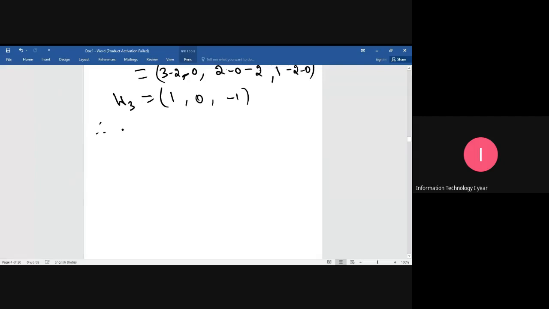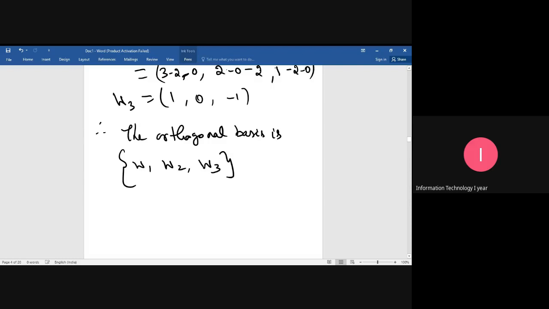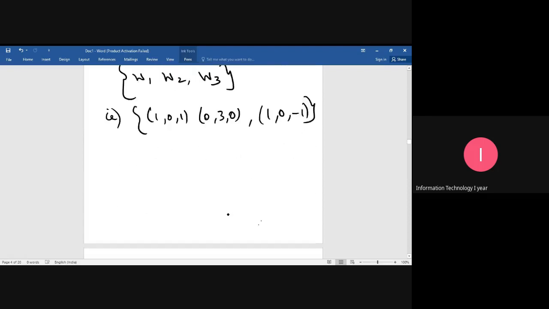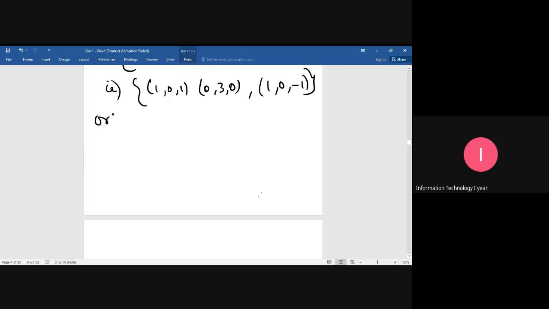So therefore, we write that the orthogonal basis is W1, W2, W3: W1 is 1, 0, 1; W2 is 0, 3, 0, which we calculated; W3 is 1, 0, minus 1. So this is called an orthogonal basis, but we need an orthonormal basis. We write one more step.